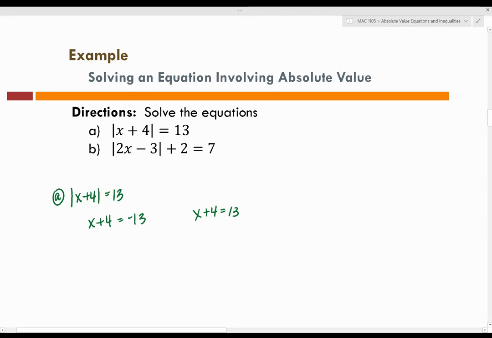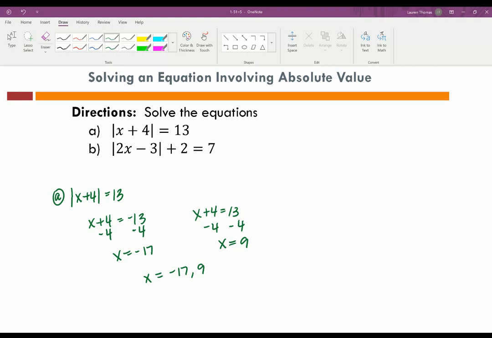So we're going to subtract 4 from both sides of the equation. So we have x equals negative 17 and x equals 9. So we have two answers. Sometimes they will have you list your answers, and anytime you do that, you list them from smallest to greatest. So we would say x equals negative 17 and 9. Okay? All right, let's try the second one.